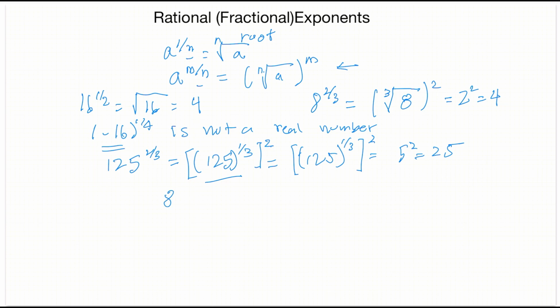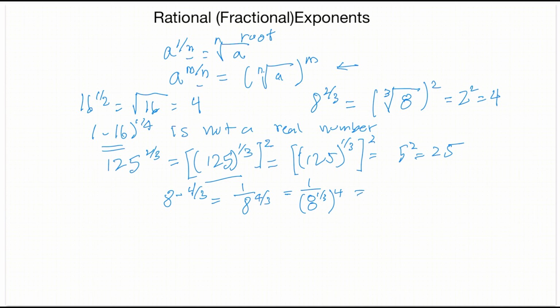One more example here. 8 to the minus 4 over 3 is equal to 1 over 8 to the 4 over 3. Since we've got a minus sign there, that puts everything down in the denominator, which is equal to 1 over 8 to the 1/3 power, to the 4th power, that whole quantity.